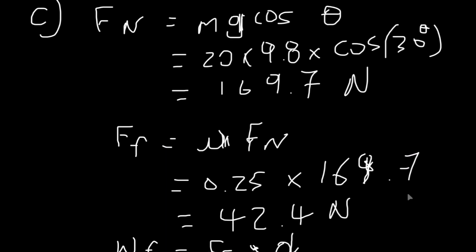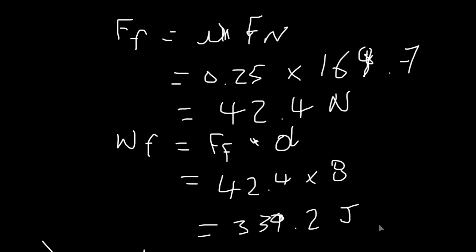The friction force is equal to mu times F sub N, and we calculated F sub N already, and mu we're given to be 0.25. So 0.25 times 169.7 equals 42.4 newtons. So that's the friction force.